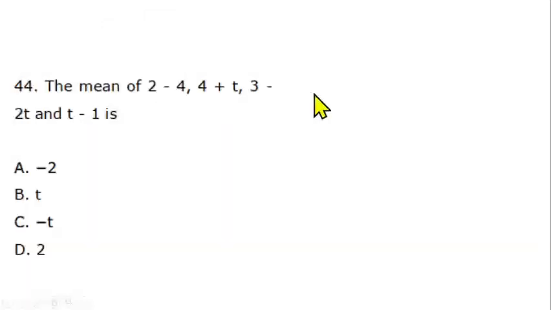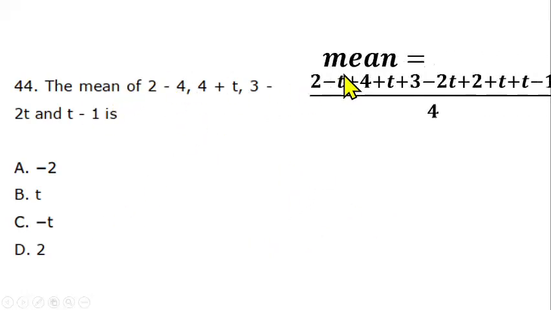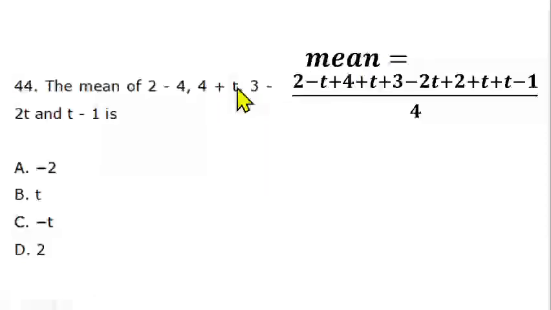So question number 44: the mean of 2 minus t, 4 plus 2, 4 plus t, 3 minus 2t, and t minus 1 is... so you have to find the mean of these values. This question is from statistics as well, but I think there's a typographical error in the question. So let's see. We have the mean of this one.